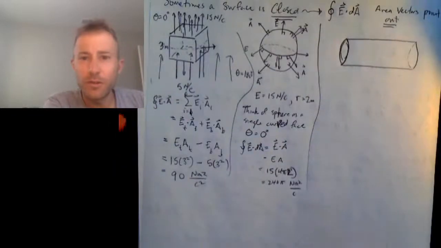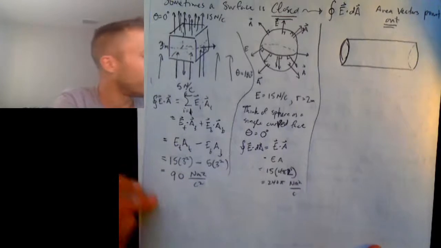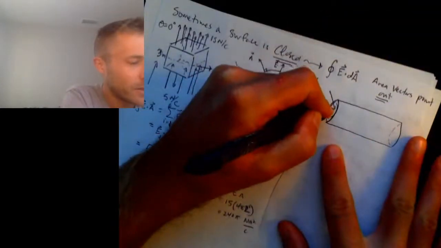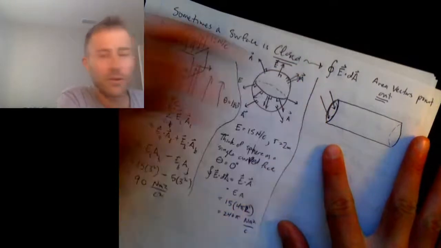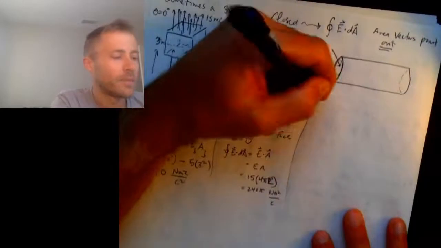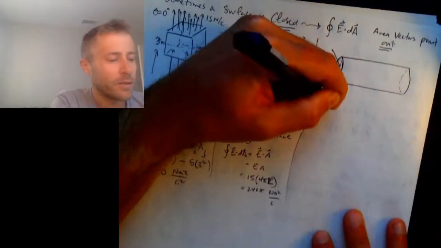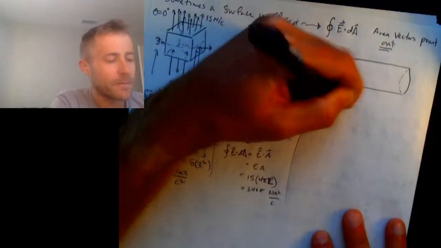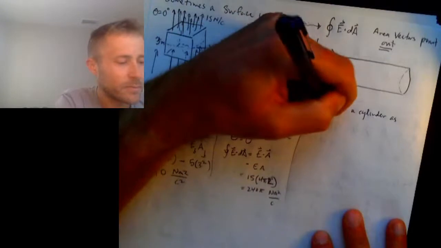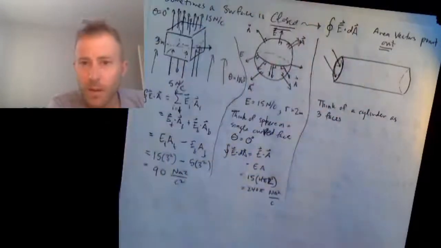Lastly, let's do the cylinder. And let's say that this cylinder has 3 different electric fields. So we want to think about a cylinder as 3 faces. All right.